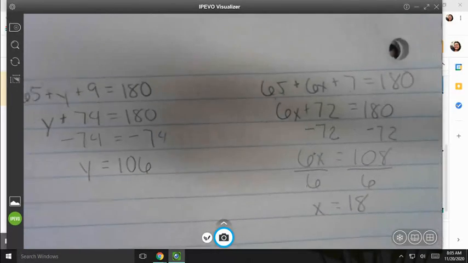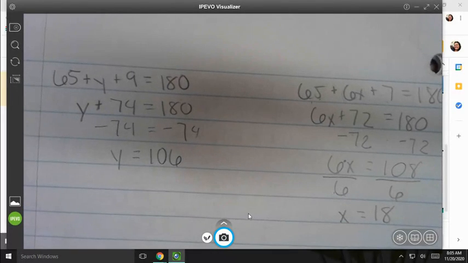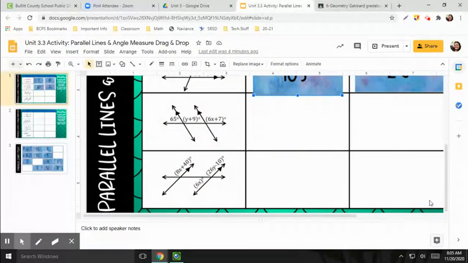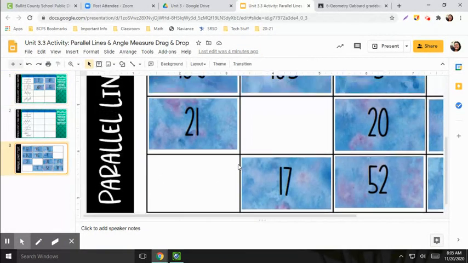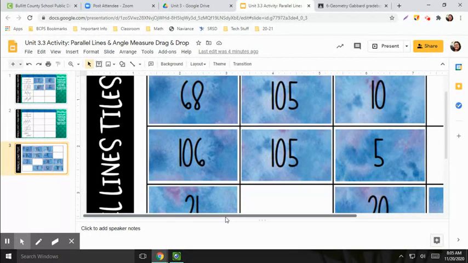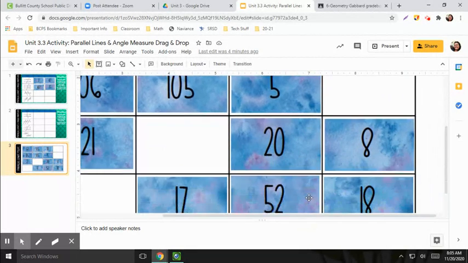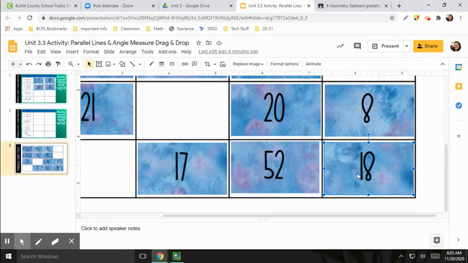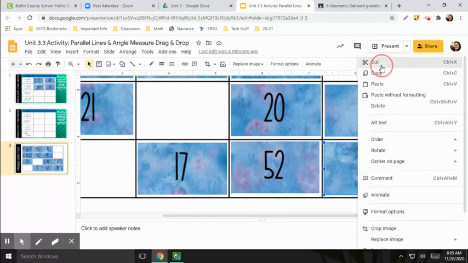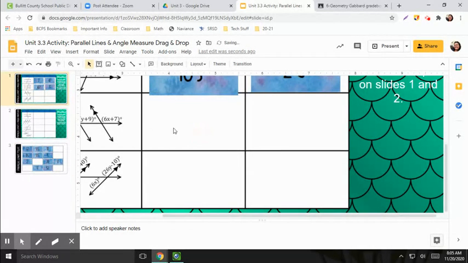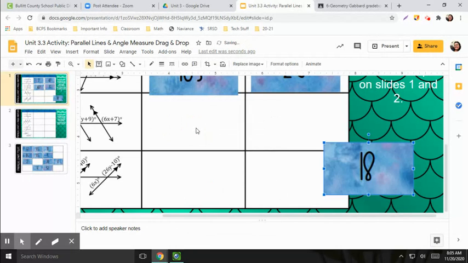So x equals 18. Let's go back over here. We said that x is 18. So do we have an 18? Oh, we do. So x is 18. Drag that over there.